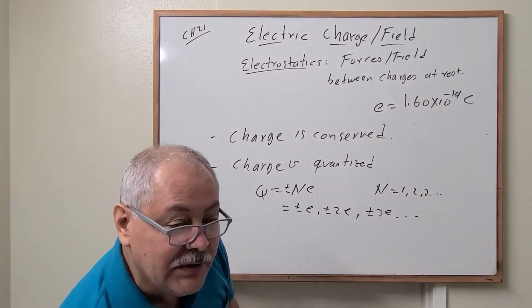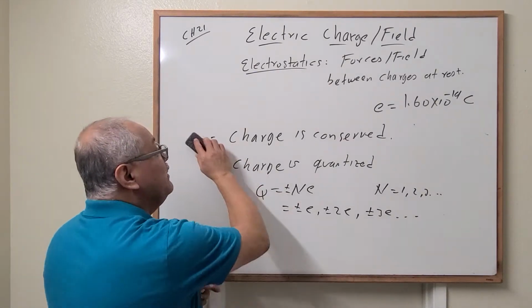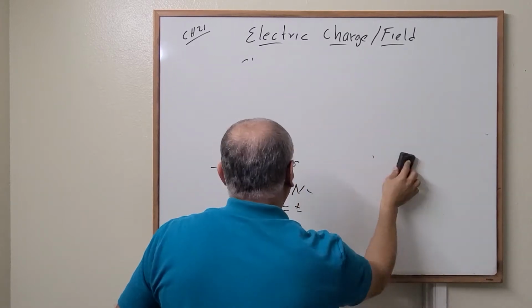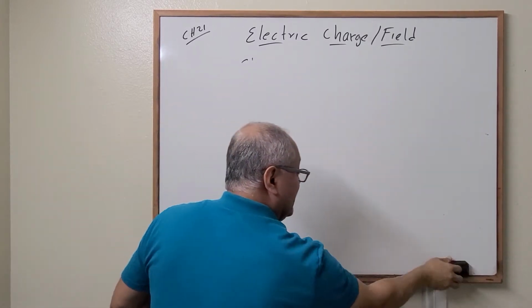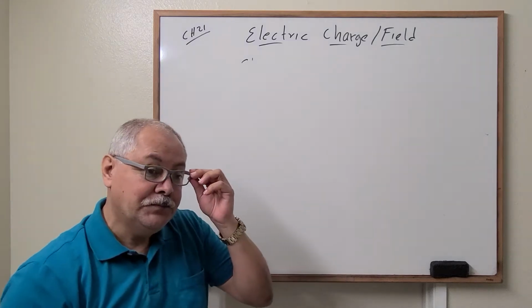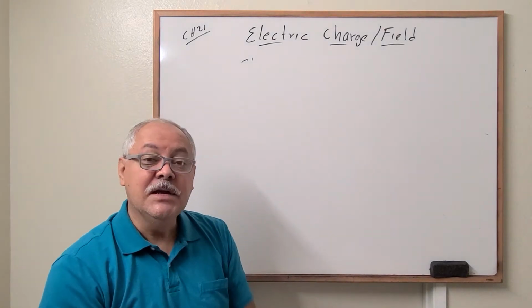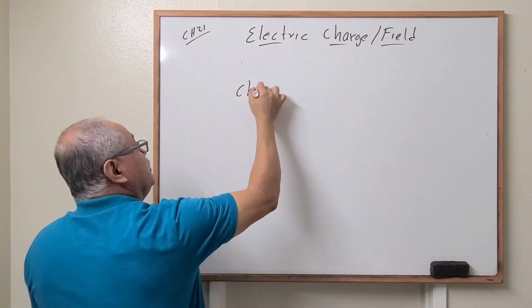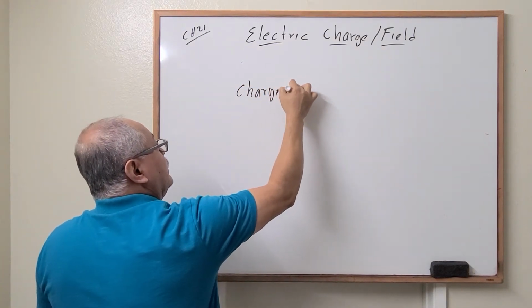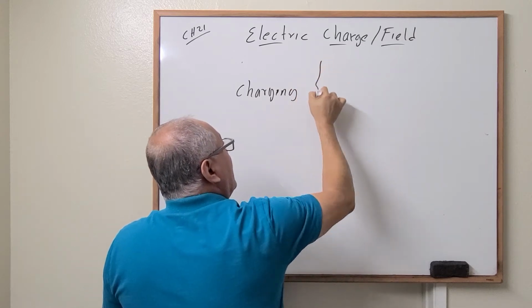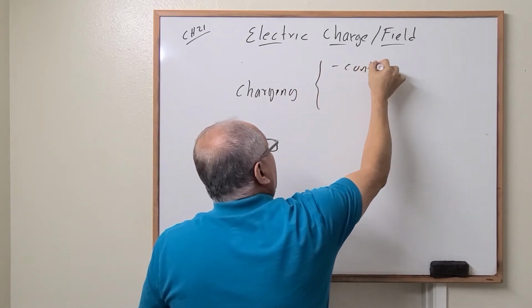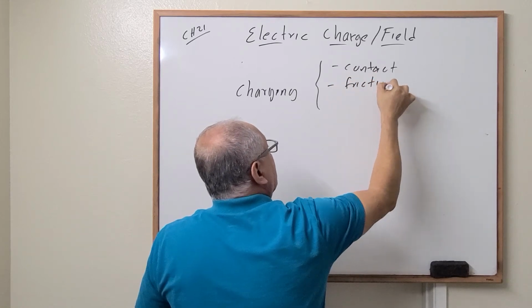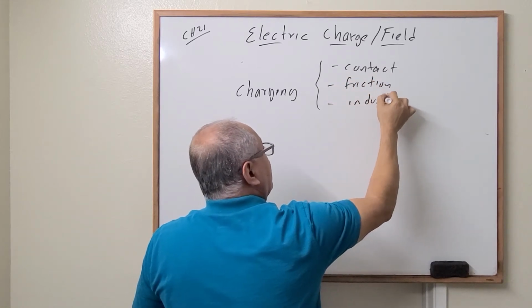We have mainly three ways to charge an object: by contact, by friction, and by induction.